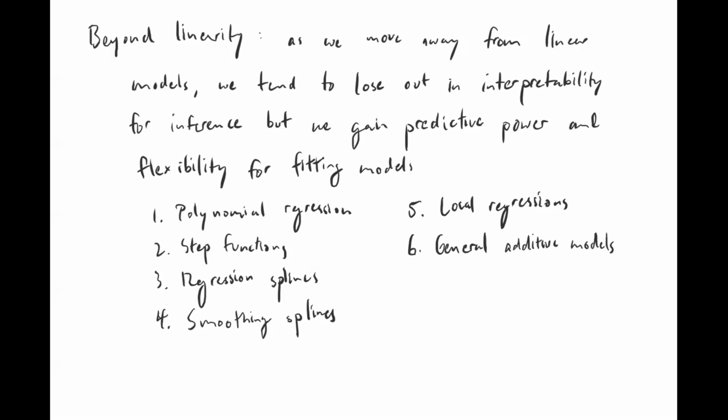The progression from one to four is pretty straightforward, and then five and six are usually a slightly different approach to regression modeling.